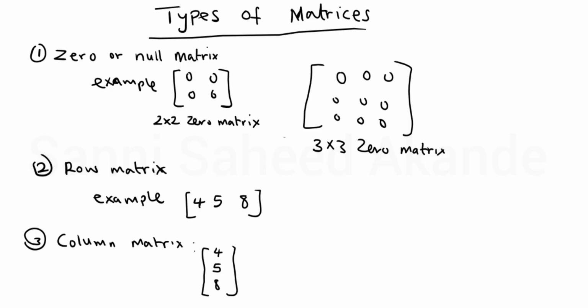Now let's proceed to another type of matrix, number 4. We also have the square matrix. A square matrix is a matrix whose number of rows equals the number of columns. Let me give you an example.